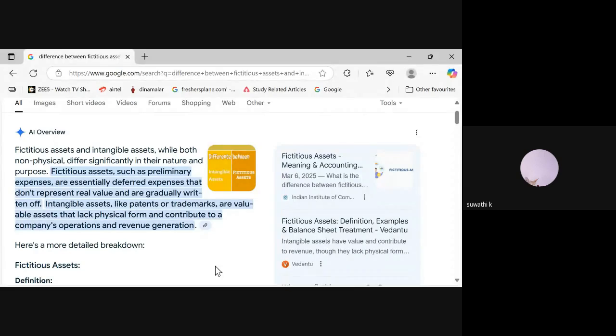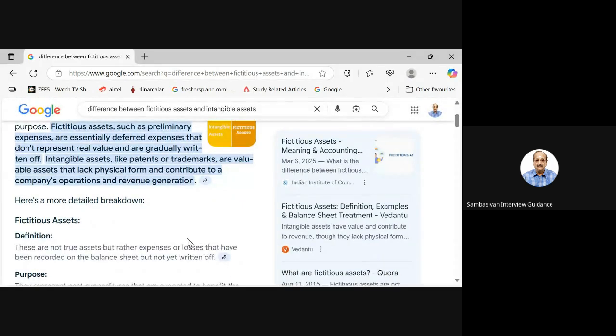Intangible assets like patents or trademarks are valuable assets that lack physical form and contribute to a company's operation and revenue generation. See, we may wonder how goodwill contributes to income. The name itself, Jio, Airtel, Hindustan Unilever, ITC, that name itself carries weight and creates more revenue for the company.